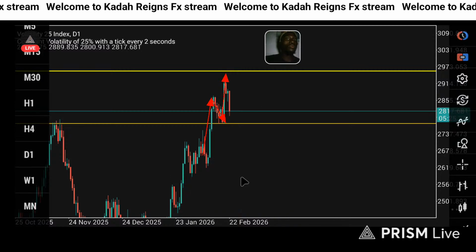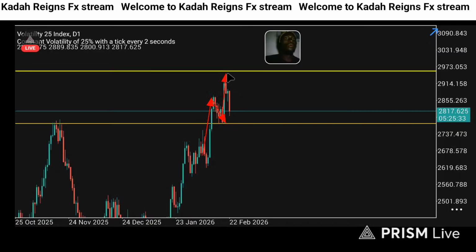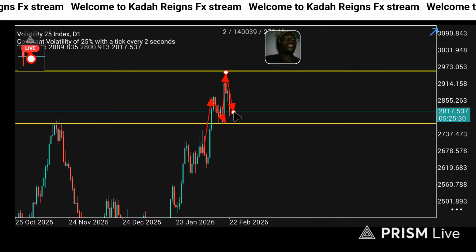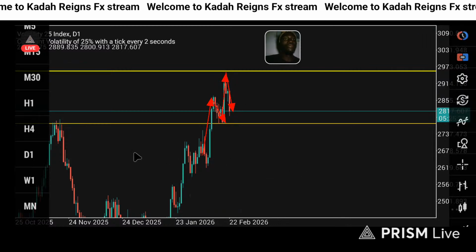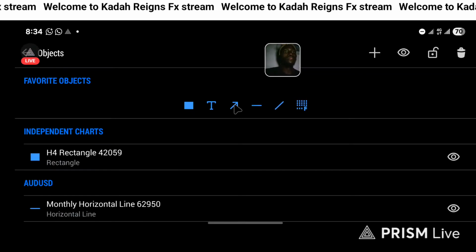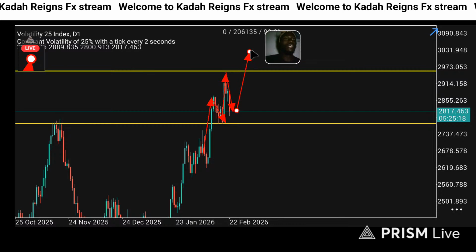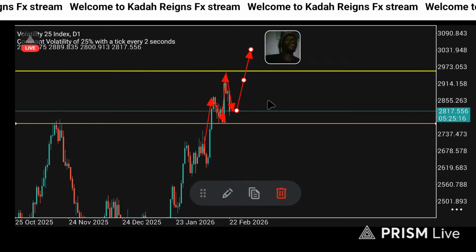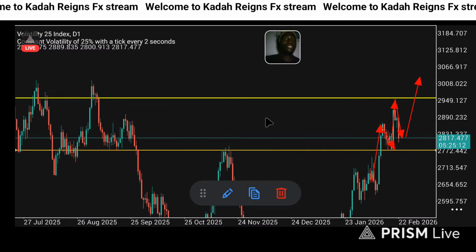So basically price is now making a new higher low, right? Remember we said we are bullish, and price is making these higher lows. So what are we expecting? We're expecting price to make this new higher high, maybe break above. I don't know, but we're expecting something like this.